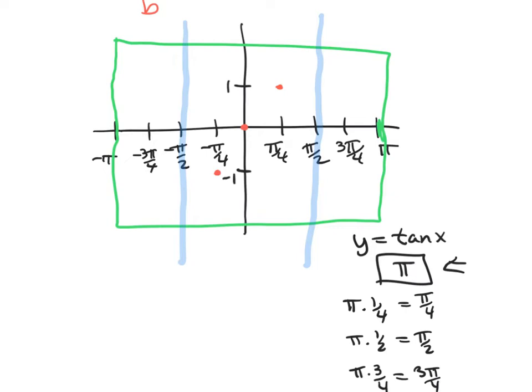And then again, the shape or the behavior that the tangent graph takes on is the same shape that the x cubed graph takes on. So if you recall, the x cubed graph looks like this. Or if we have a negative amplitude, then it's going to flip and it's going to take on this shape.